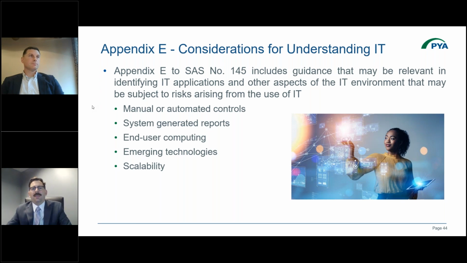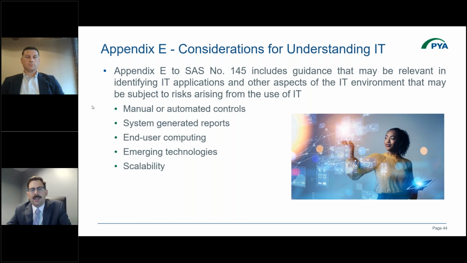But a few examples of high risk applications would be when you have multiple applications interface together, when an application processes a significant volume of data, when an application automatically initiates a complex transaction, that'd be high risk. And if management places a lot of reliance on an application for financial reporting, that can be high risk too if there's not other controls to ensure you're still getting good data.